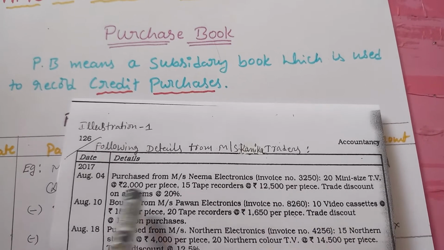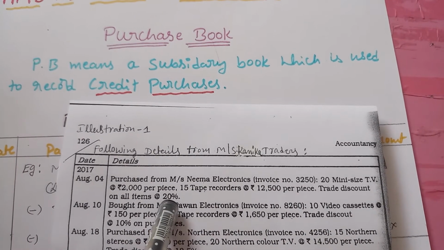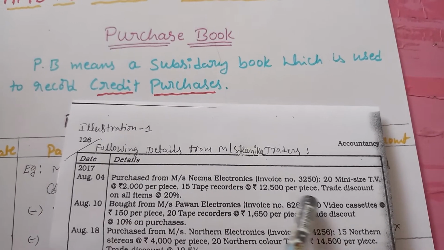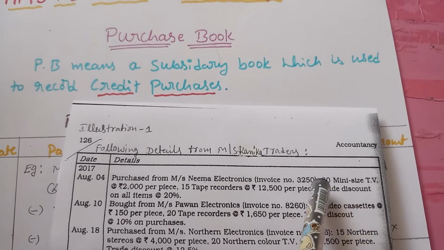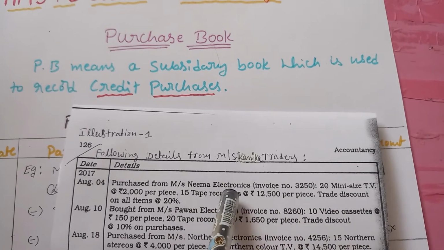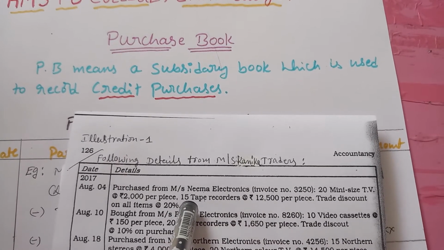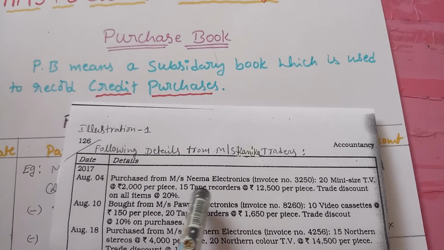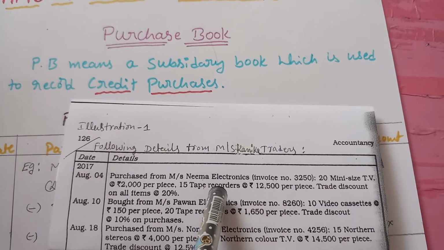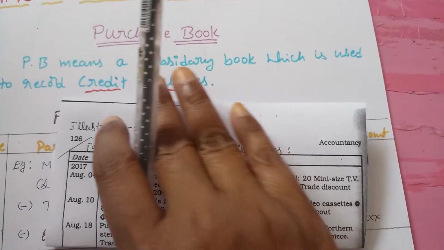Trade discount on all items 20%. All items means the TV and tape recorder items. TV is 20 quantities, tape recorder they bought 15 quantities. All items 20%. This is one of the transactions. I'll show you how we solve this one.